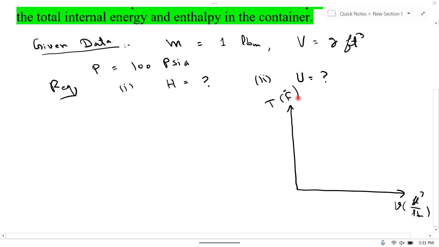This is the saturation curve. This region is the subcooled or compressed liquid region, this region is the wet region, a mixture of liquid plus vapor, and this region is the superheated region.